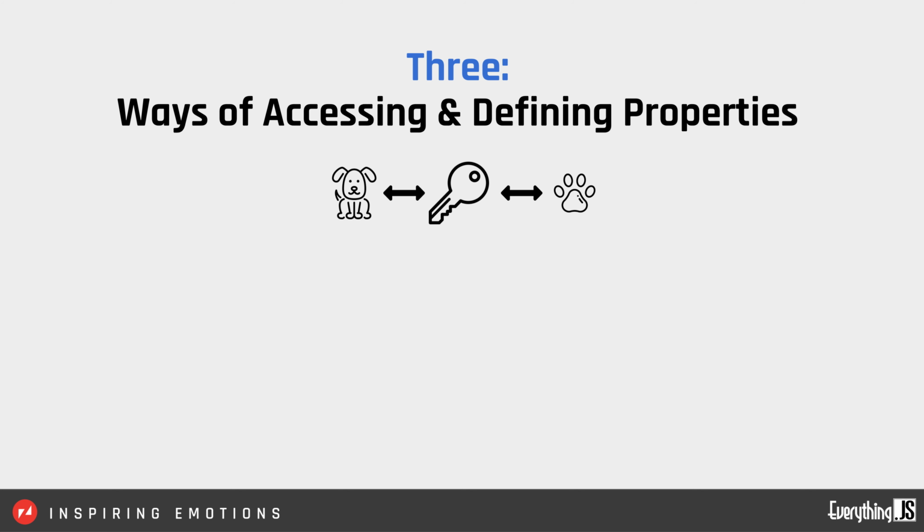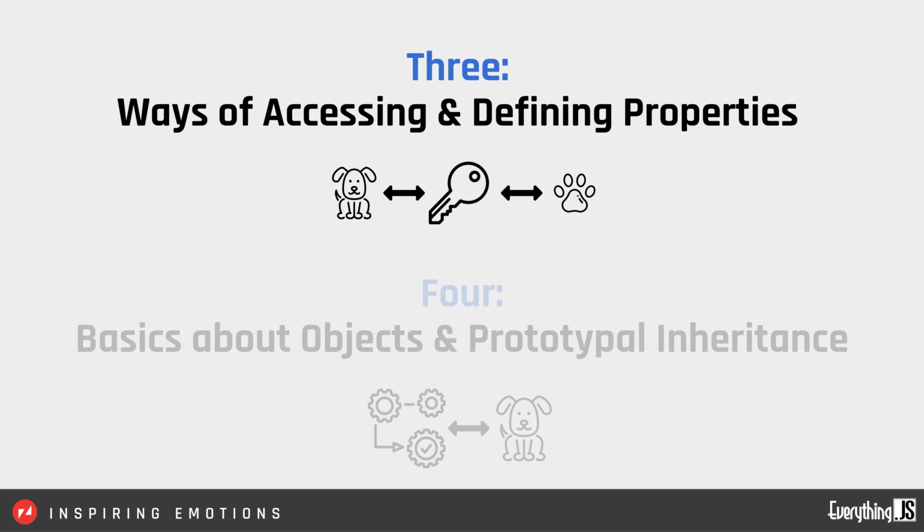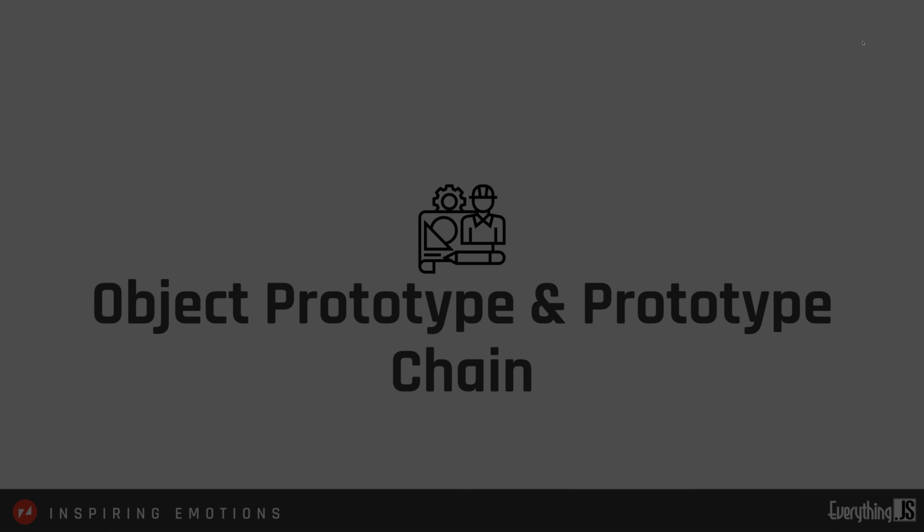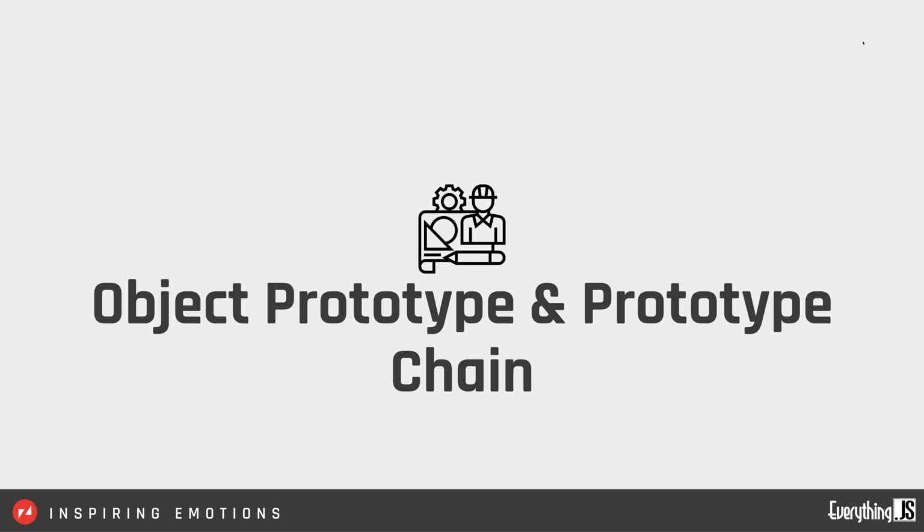We can use the dot operator and the expression for accessing the properties on objects. So we discussed the basics, what objects are and their prototypal inheritance. Those are the basic things we have learned so far in the object session.